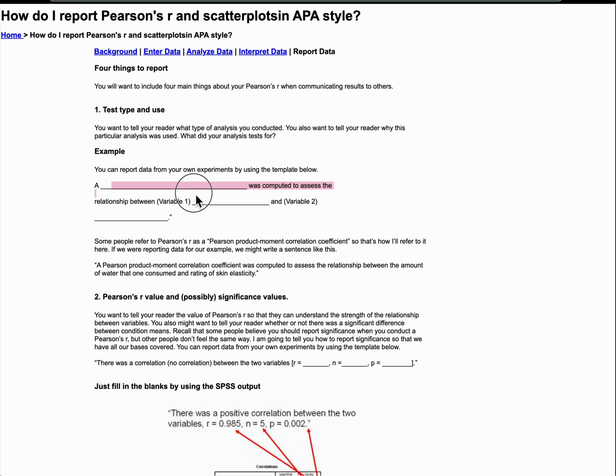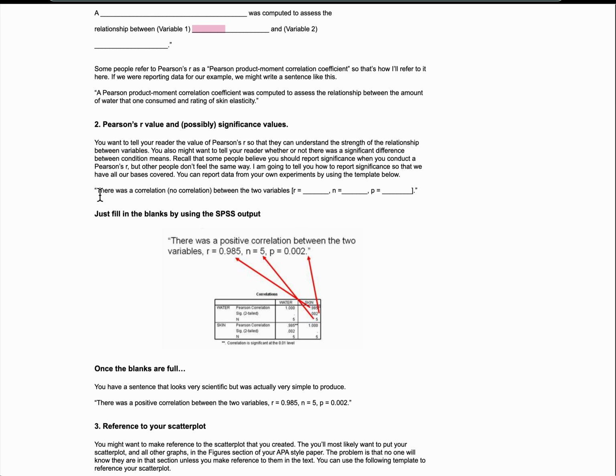You are saying a Pearson product moment correlation, and you're saying what your variables are, like if variable 1 was happiness and variable 2 was income.